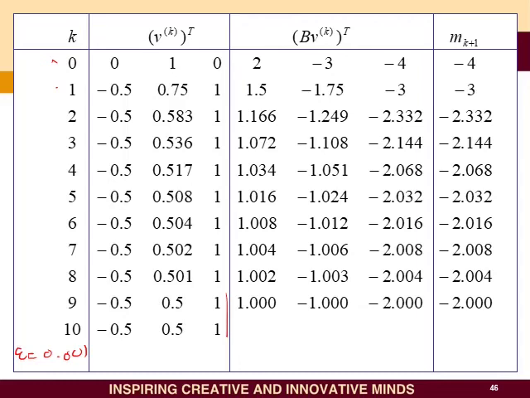The answer will be -2. Our M is -2. This is the one that we want to take: this is the eigenvalue -2, and this is the eigenvector -0.5, 0.5, and 1. But this is not the final answer yet. We have the last part, if you remember, where we need to add again our S, our lambda 1.